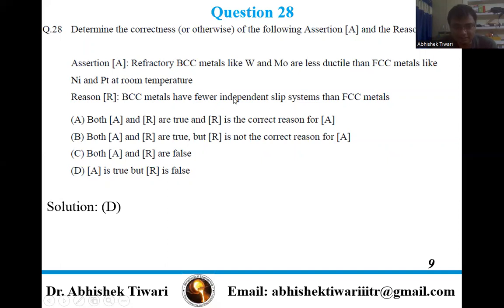Reason: BCC metals have fewer independent slip systems than FCC metals. So this assertion is correct and the reason is false. So the correct answer is D. I will explain why this is so in the later slide.